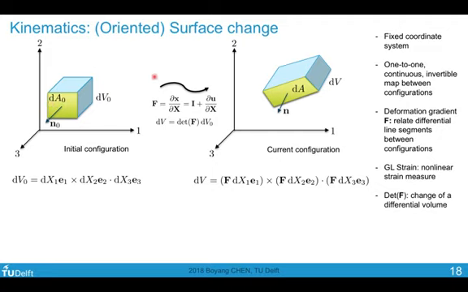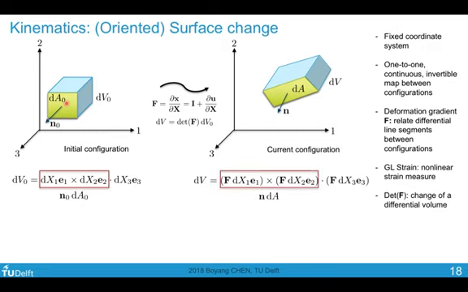It will be transformed into dA with a normal n in the current configuration. We know the relationship between dv and dV0, which I've just obtained, and from vector calculus, we know that n0 times dA0 is simply this term here, and similarly, n times dA is simply this term here.